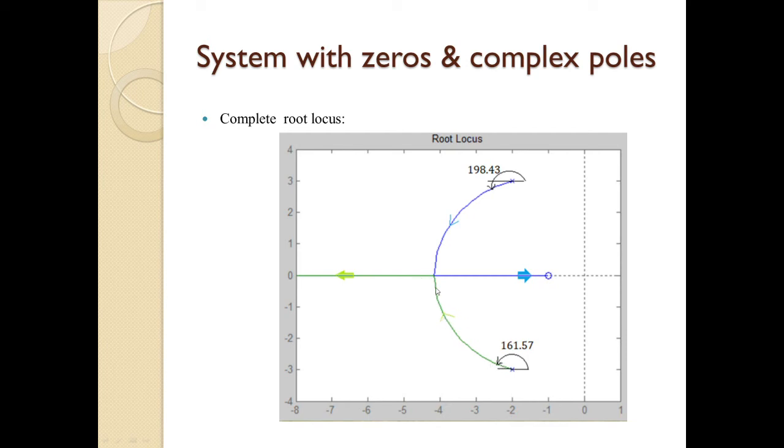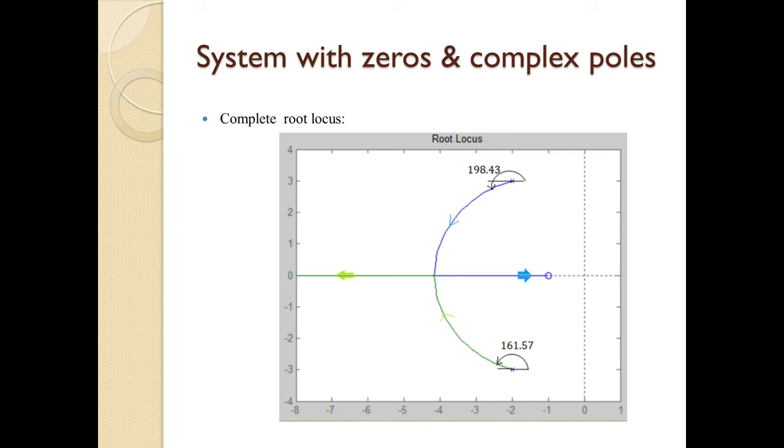The green line shows the other locus which terminates at infinity along the 180 degree line. In this way we can find out the open loop poles and zeros of the system, and by increasing the gain we can find the locus of the system, which gives an idea of the system stability.